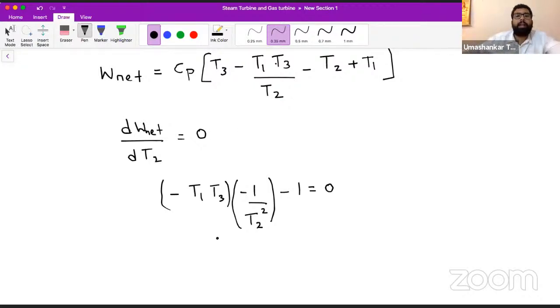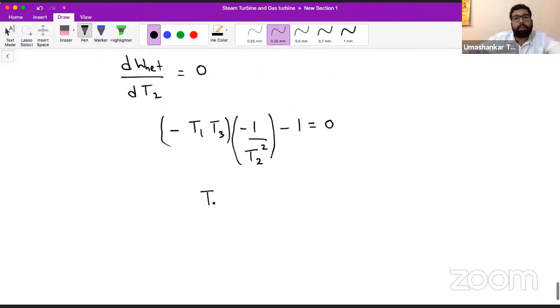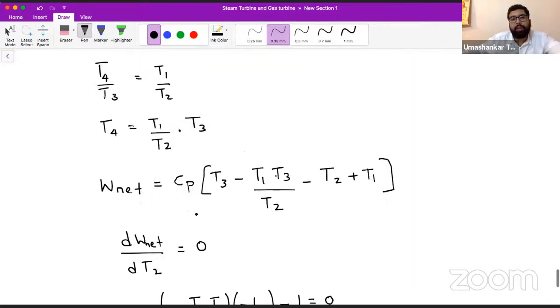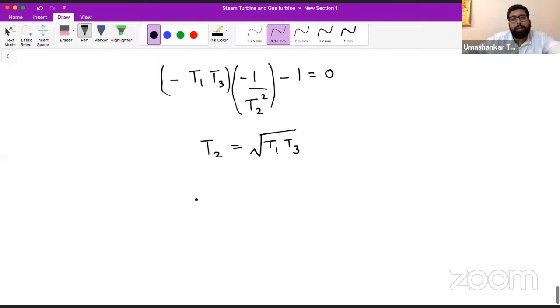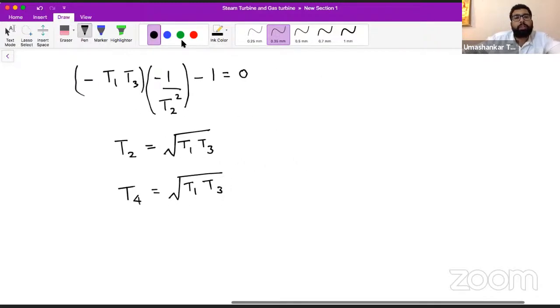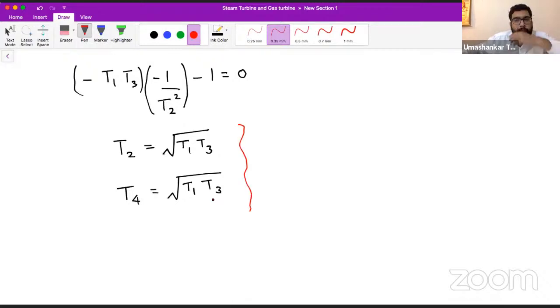Okay. So from here, can we say this T2 is the root of T1 by T3? And if we use the formula for T4 and place the value of T2 here, T4 will also come out to be the square root of T1 T3. So what is the observation here?